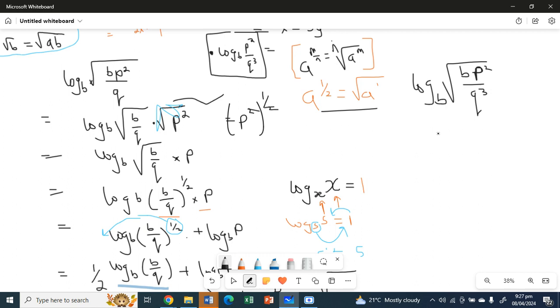Whenever you don't see a base, assume base 10. I think we will need to maintain the p squared, because once you do that separation it's going to be complicated if this p is just the square root of p. So log b square root of b p squared divided by q cubed.